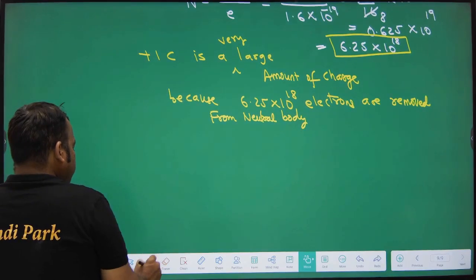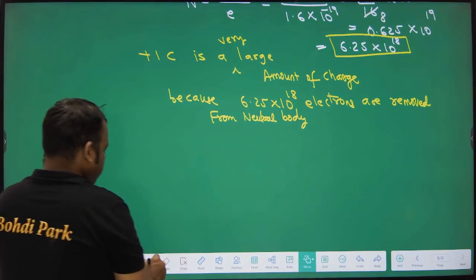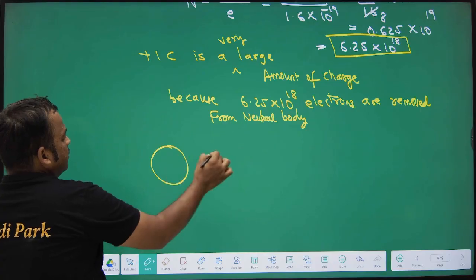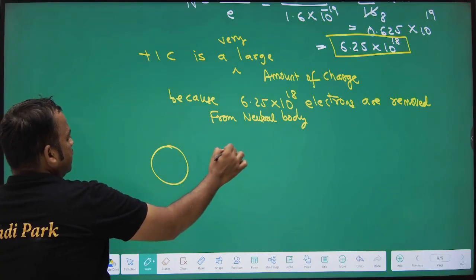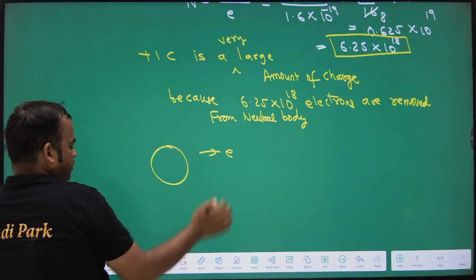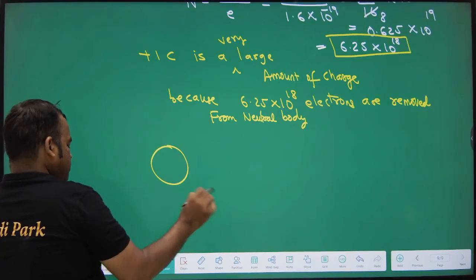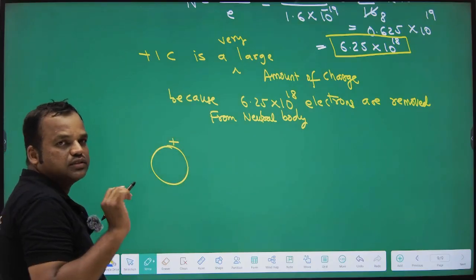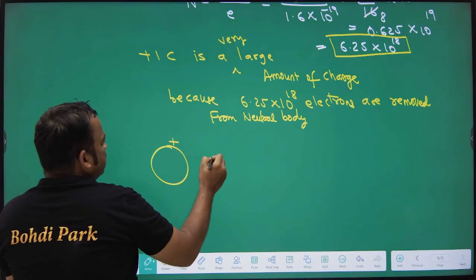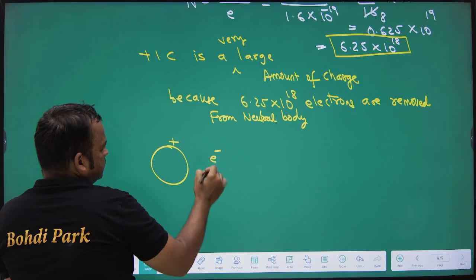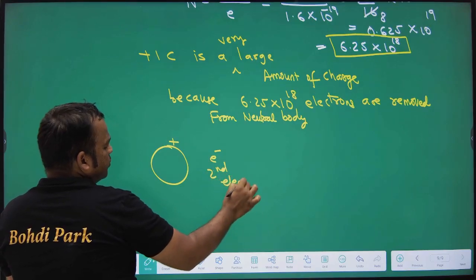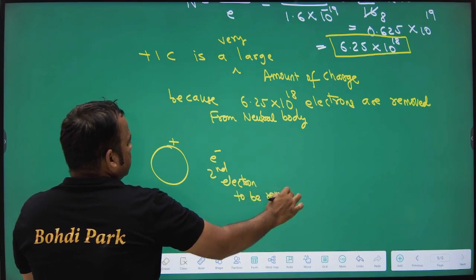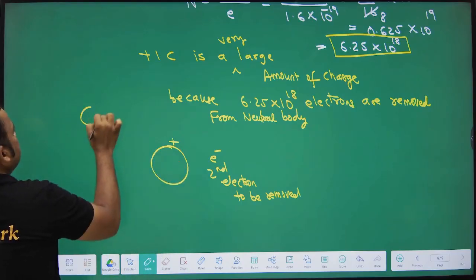When we try to remove electrons from a neutral body, let's take an example, we are removing 1 electron from a neutral body. Now 1 electron is removed, so the charge on this body is plus. Now suppose you are removing 1 more electron, this is the second electron to be removed, because 1 electron you have already removed.